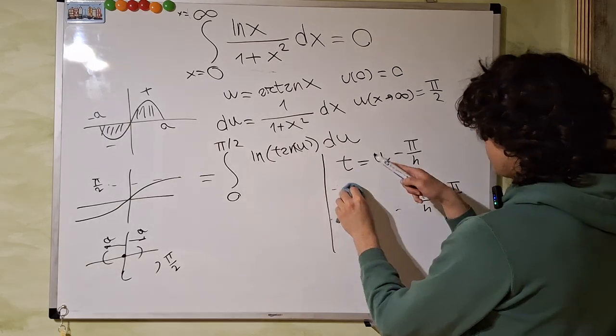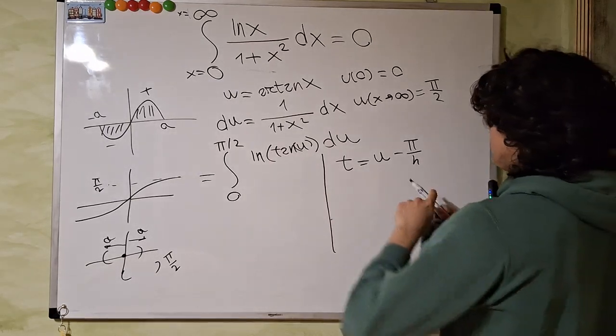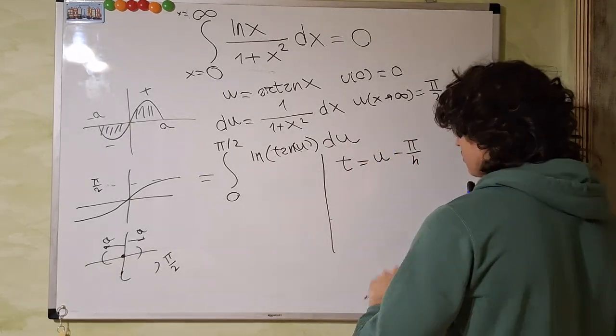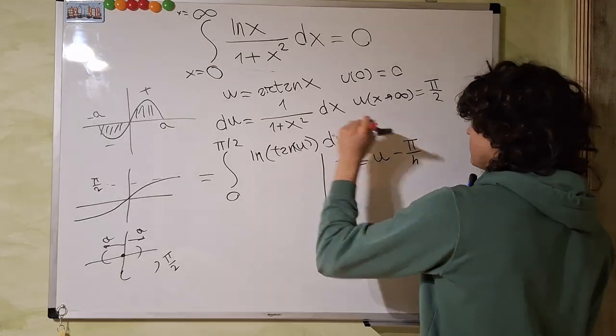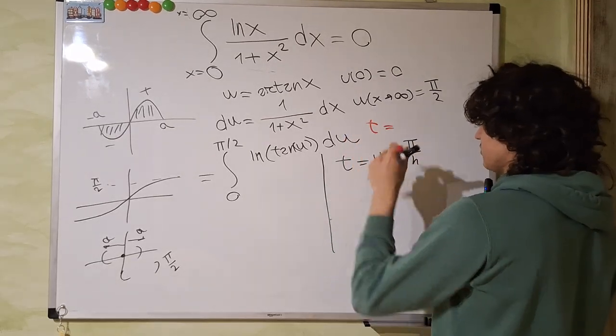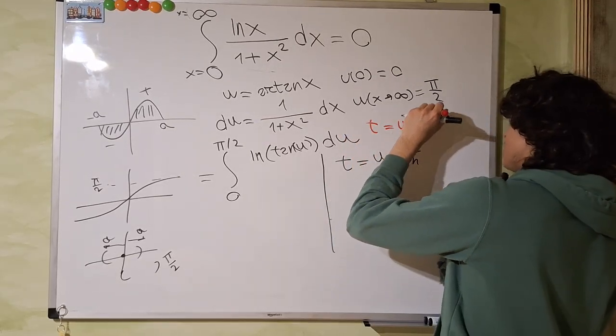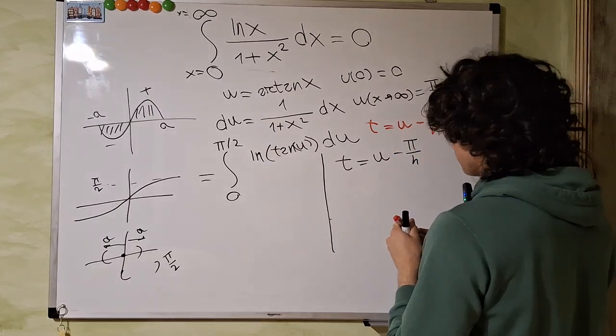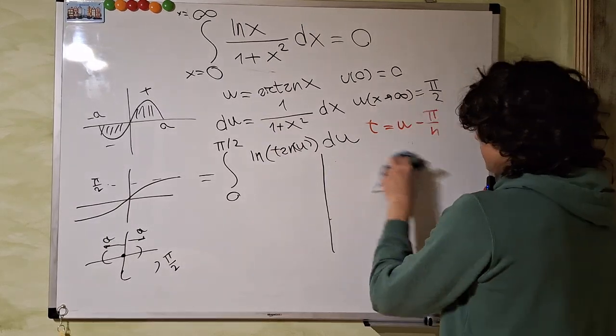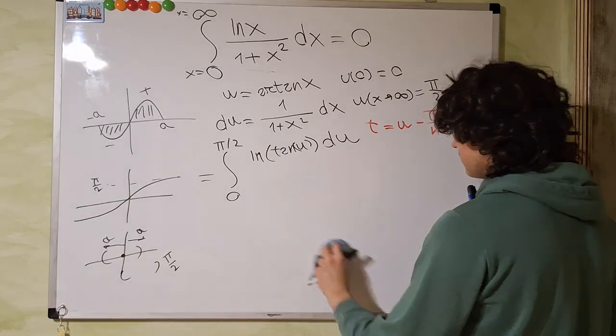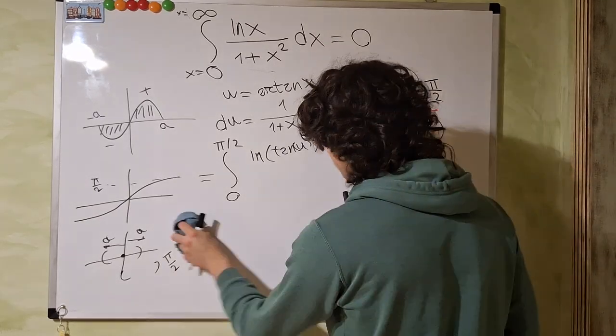We just need this formula, and I'm writing it here so everything is more concise. So t equals u minus pi divided by 4. I can get rid of this and also of this line, because we need a lot of space.